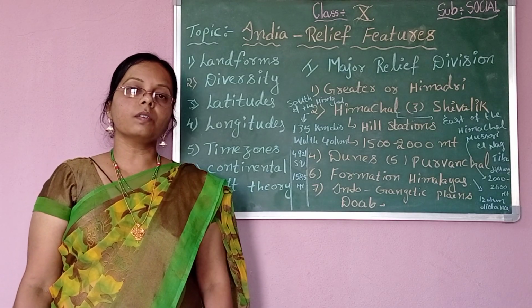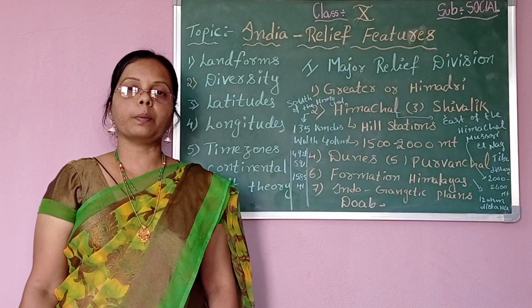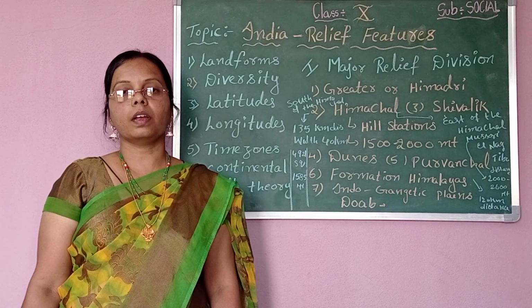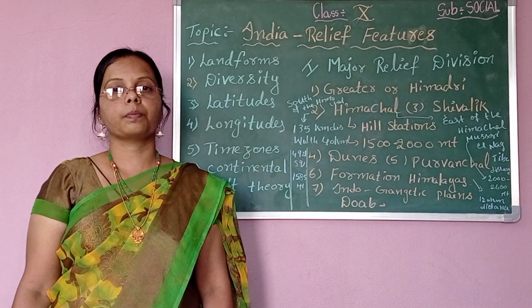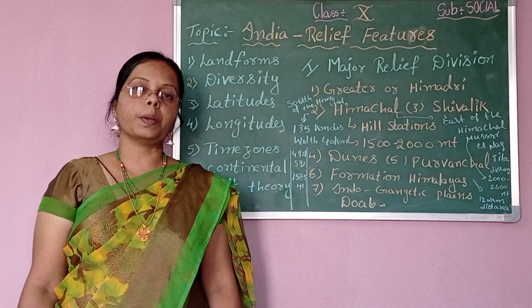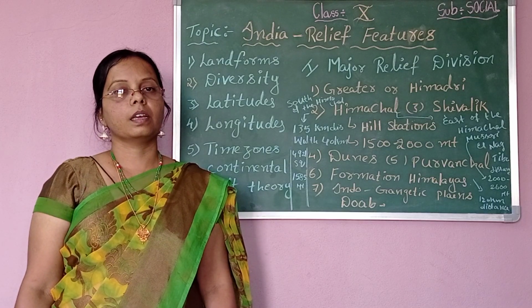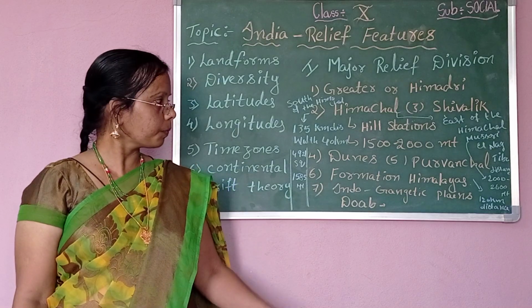In the south of the Middle Himalayas, the Pir Panjal range is in Kashmir. It is the longest and most important range. Kashmir Valley lies between the Pir Panjal and the Zanskar range.